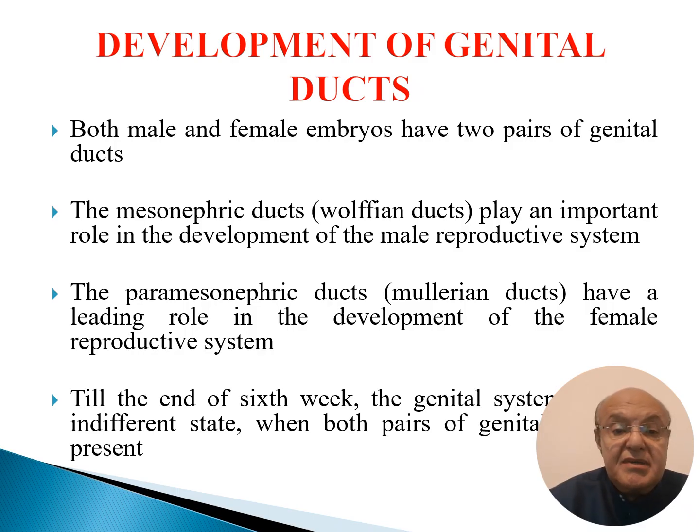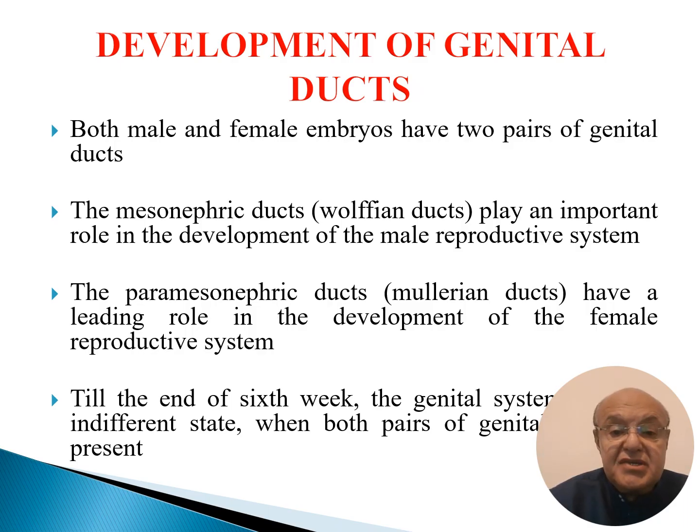The paramesonephric ducts, the Mullerian ducts, have a leading role in the development of the female reproductive system. These Mullerian ducts will form the fallopian tubes and will fuse together from both sides to form the uterus, cervix, and upper part of the vagina.